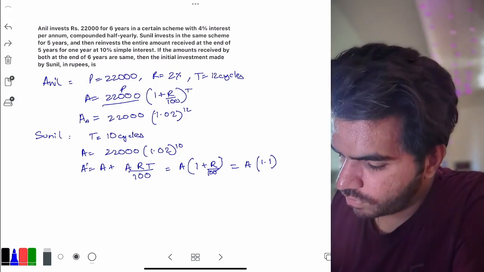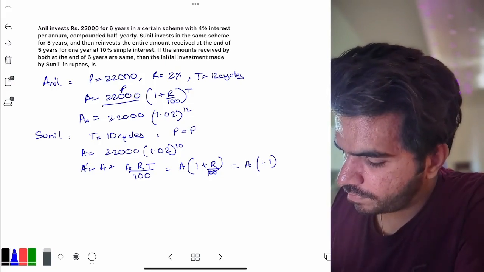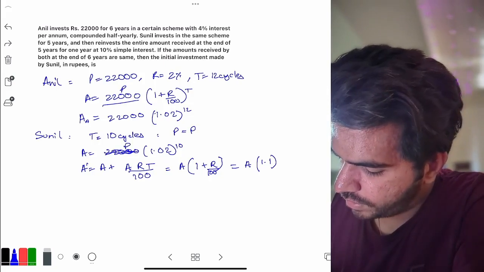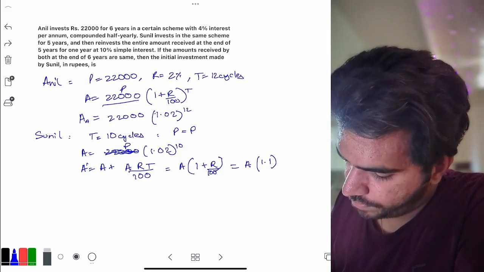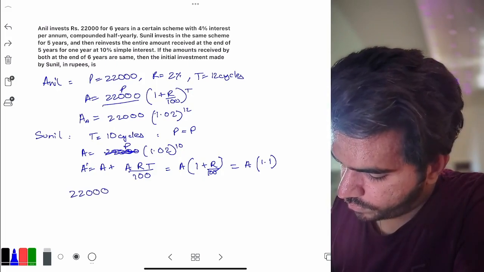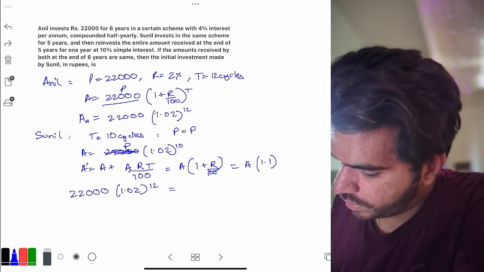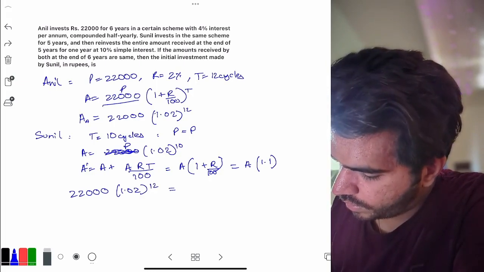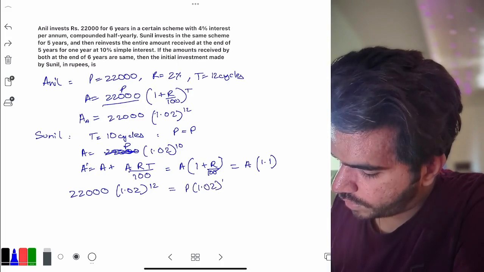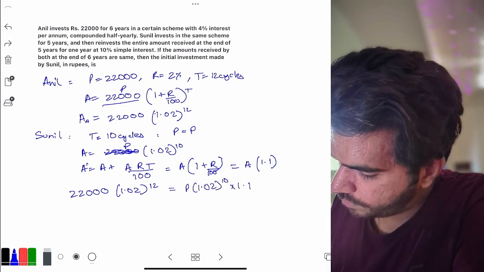Okay, so the investment was not 22,000. We'll take the principal as P. Now given that 22,000 into 1.02 to the power 12 is equal to P into 1.02 to the power 10 into 1.1.